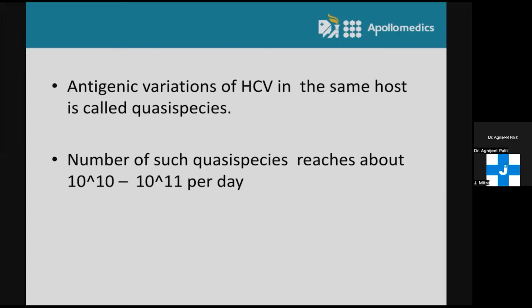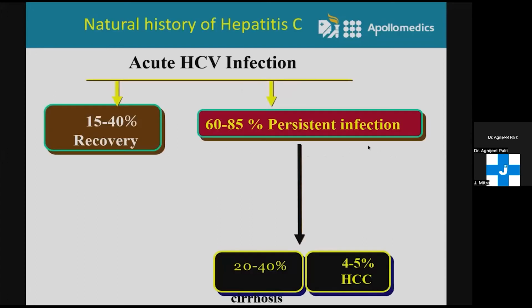If you see the timeline of acute HCV infection, only 15 to 40% undergo recovery and 60 to 85% proceed to persistent infection, for the reasons which I have described earlier. Among these patients with persistent or chronic infection, 20 to 40% develop cirrhosis and 4 to 5% develop hepatocellular carcinoma, and these two account for the major part of the mortality and morbidity in hepatitis C virus infected patients.